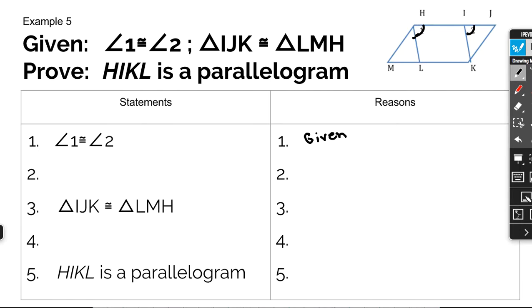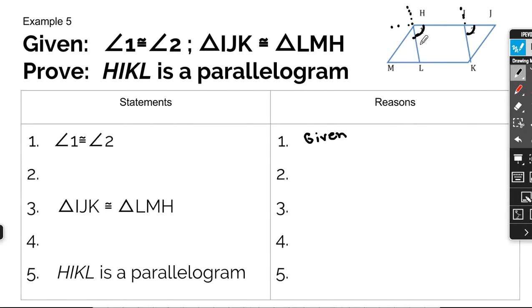I need to figure out a way to get something to do with the parallelogram. So what I do see is that if I extend these sides of the parallelogram, or this figure right here, notice that it is two parallel lines, or what we suspect to be parallel lines, and a transversal. So if I think about this set of angles, those are in the same place on different lines.